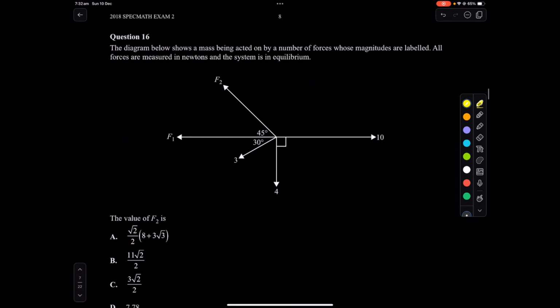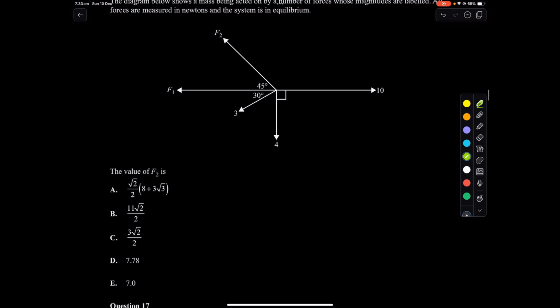Nice. Question 16. The diagram below shows a mass being acted on by a number of forces whose magnitudes are labeled. All the forces are measured in newtons and the system is in equilibrium. Okay, so what does equilibrium mean? That the net force is 0. The value of F2 is what? So, okay, let's break this down.